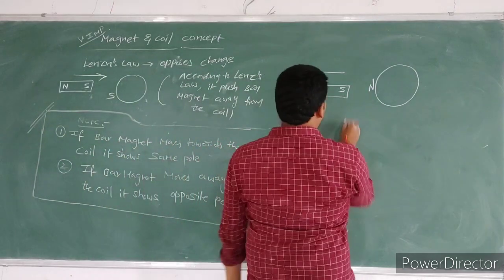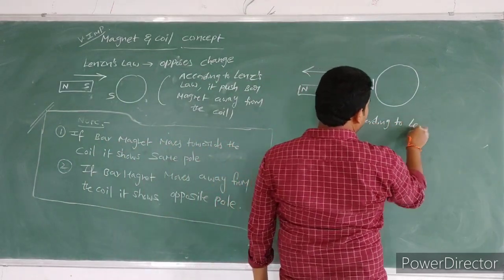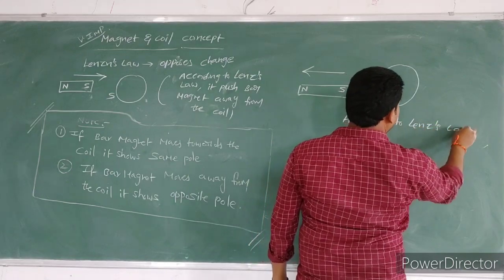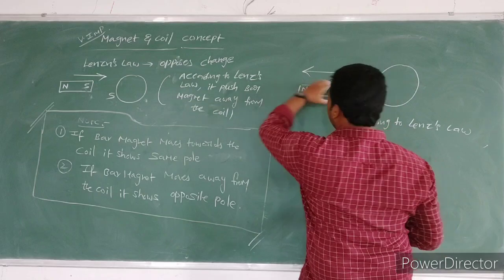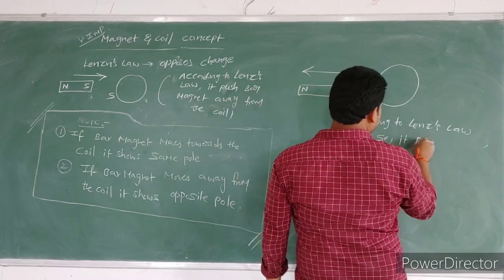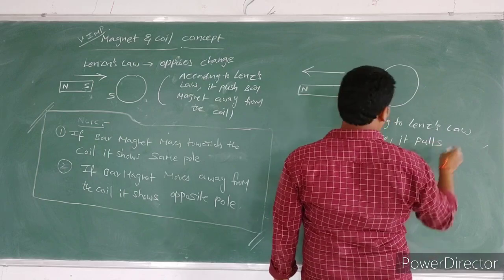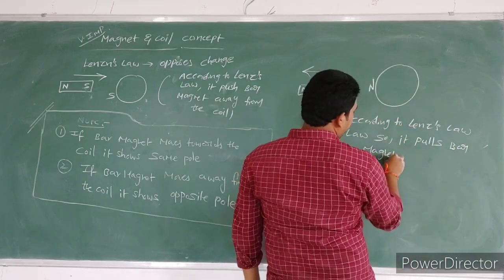So here, according to Lenz's law, the bar magnet is moving away, so it pulls the bar magnet towards.